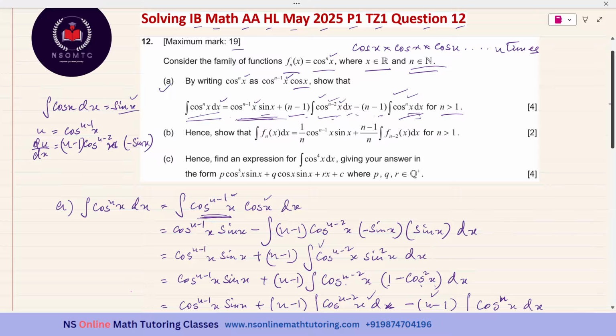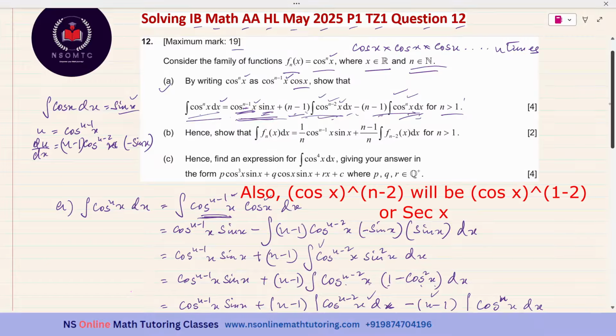And because when n equals 1, this n minus 1 will be equal to 0, and anything raised to the power of 0 is 1. So this will be 1 times sin x, we will be getting sin x, and this will be 1 minus 1, so it will be 0. So this part will be 0, and also this part will be 0. So there is no point in taking n value equal to 1. Therefore, they have said that n value is greater than 1. Okay.